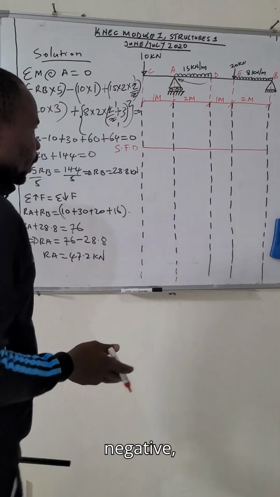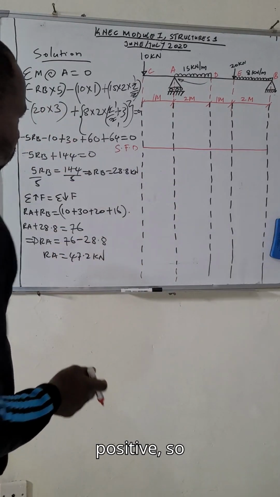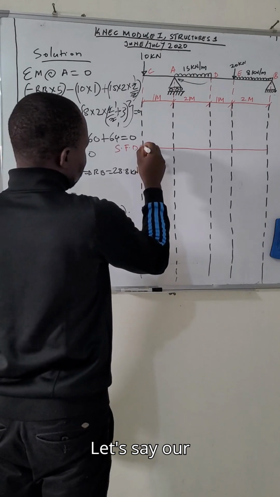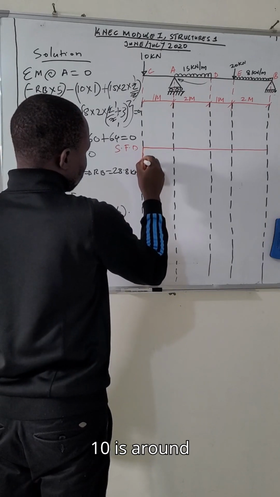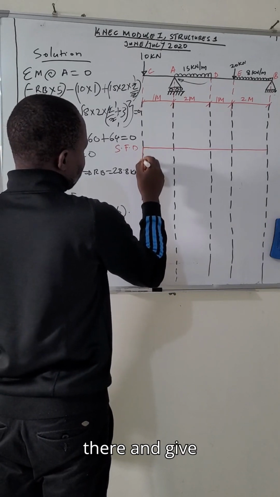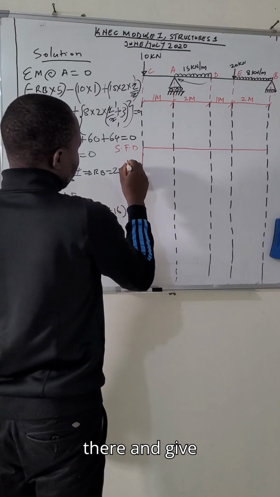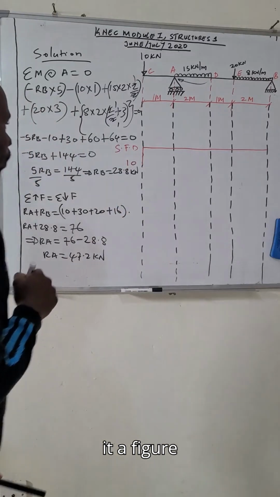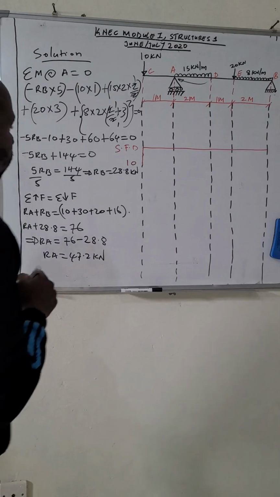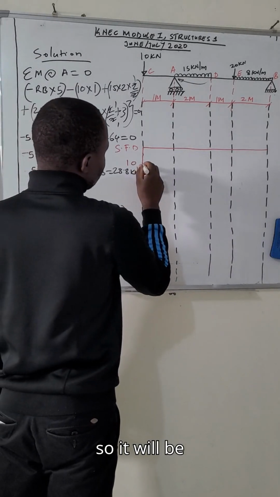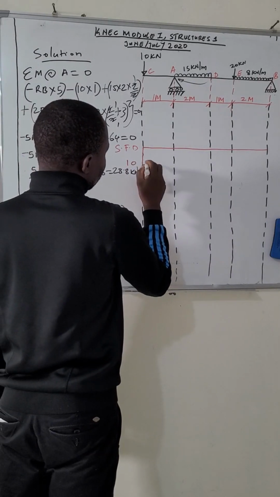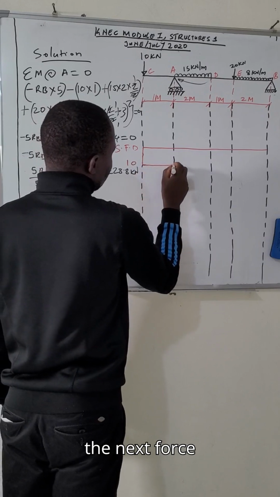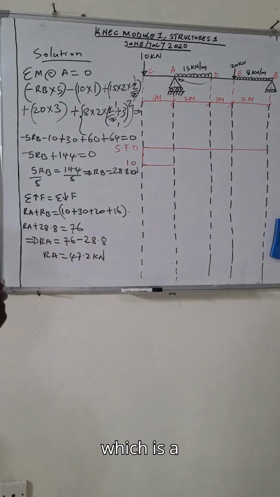Below the baseline is negative, above the baseline is positive. So let's say our 10 is around there, and give it a figure which is 10. So it will be constant up to the next force, which is a reaction at A.